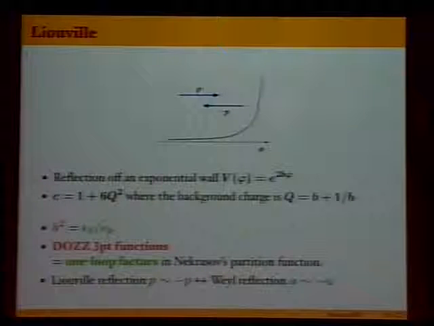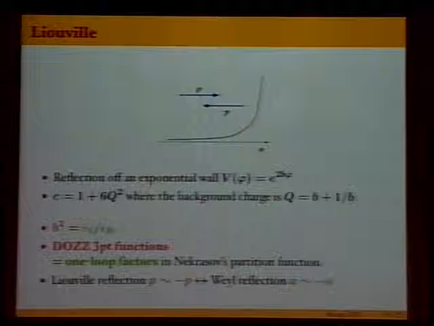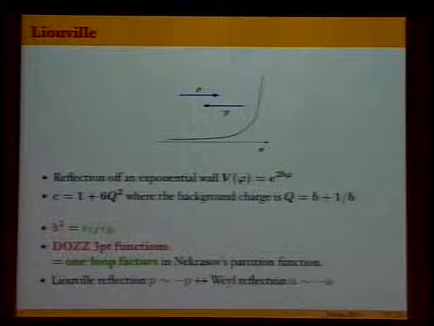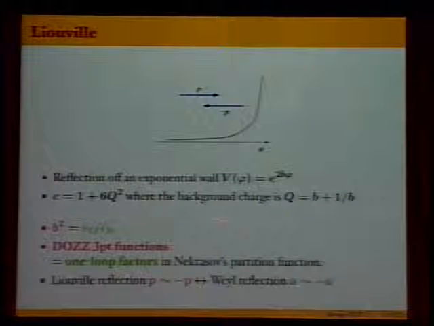So Liouville theory is a very well-studied subject. It describes a boson reflecting off an exponential wall. And the strength of the exponential is related to the central charge of the CFT in this way.